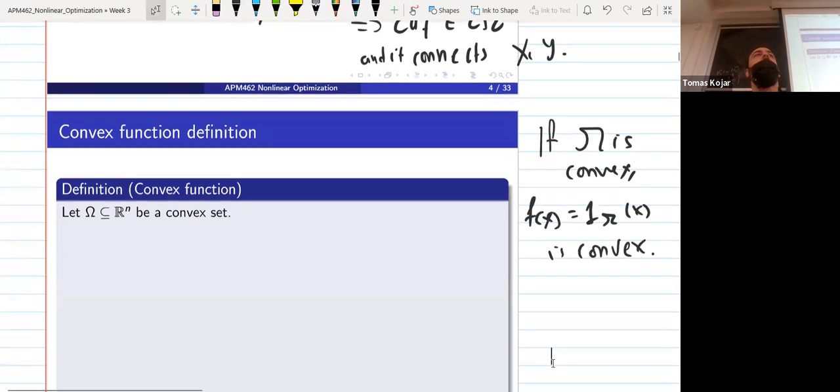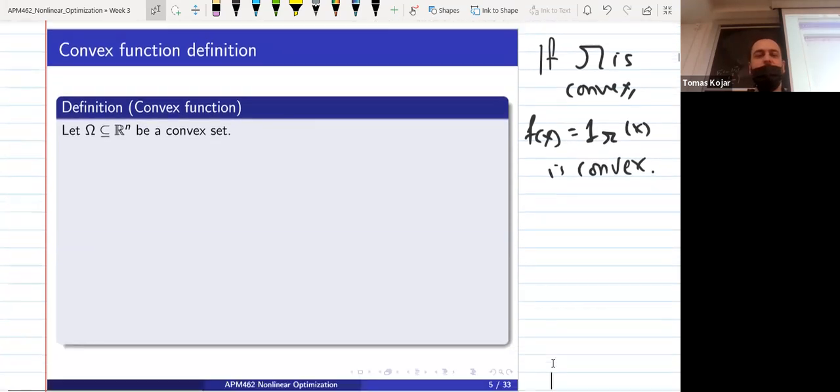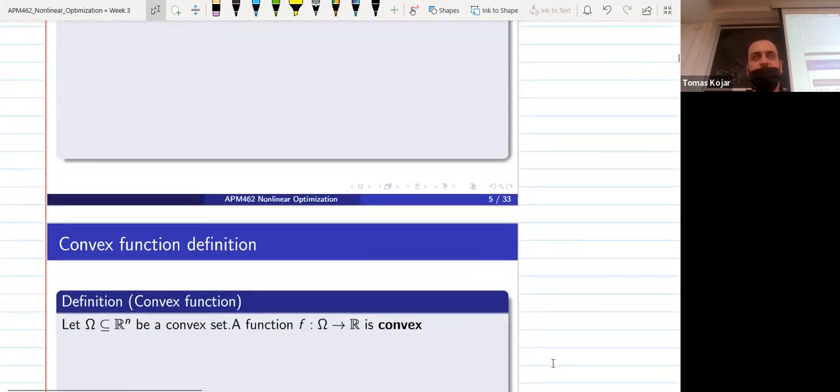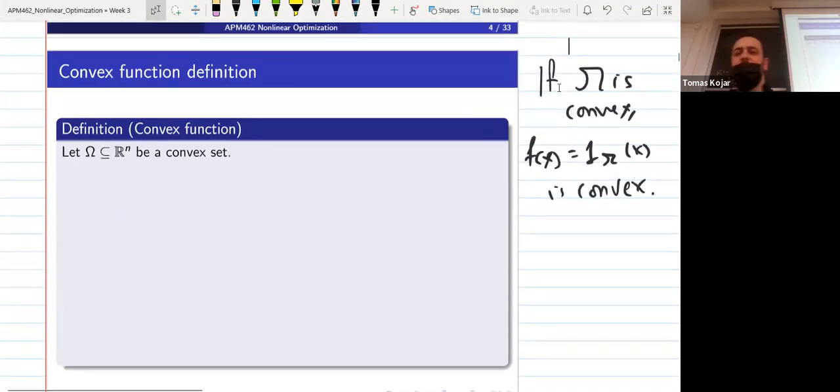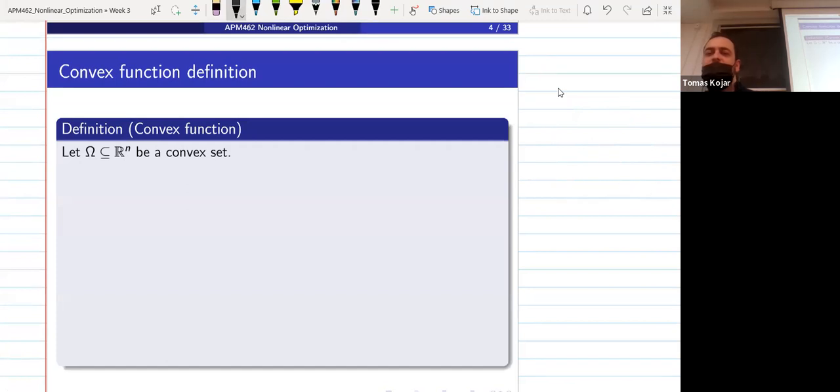So from now on, we're just going to talk about convex functions because it includes sets as well. Okay, maybe I will confuse you. Okay, scratch this. Forget about it. This is too confusing. Forget it.